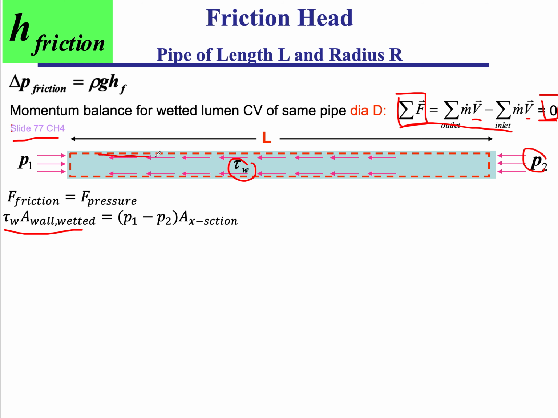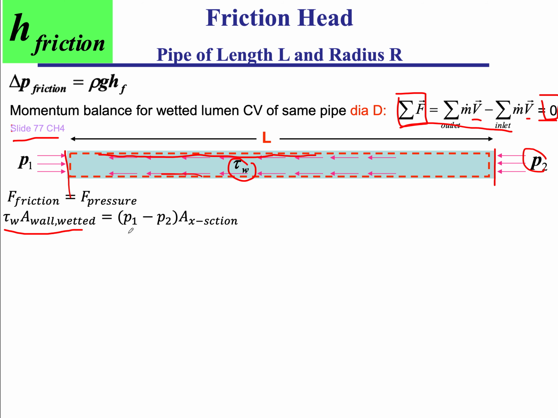It's the wetted area of the pipe, while the pressure acts on the cross-sectional area right here, because the pressure acts perpendicular and compressive. So it acts on the cross-sectional area of the pipe, while the shear stress is parallel and in opposite direction to the flow. So it acts on the luminal area, on the wetted area of the wall, if you will.